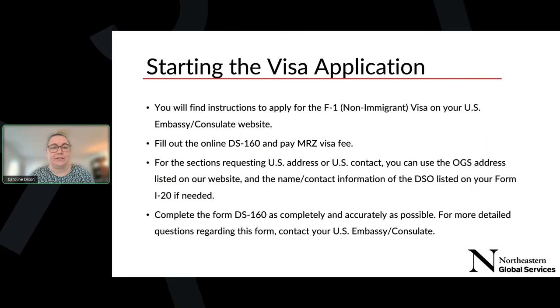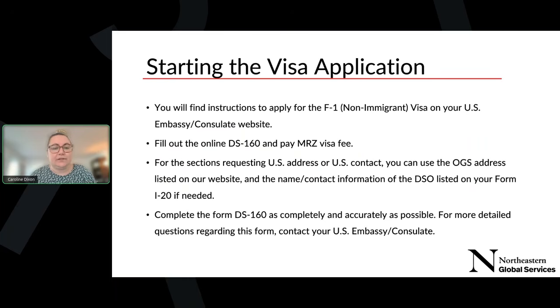All right, starting the visa application. You will find instructions to apply for the F-1 non-immigrant visa on your personal US embassy or consulate website. So the instructions are slightly different for every country. But the general process is that you're going to fill out an online DS-160 and pay the MRV visa fee on the website of your embassy or consulate in your country.